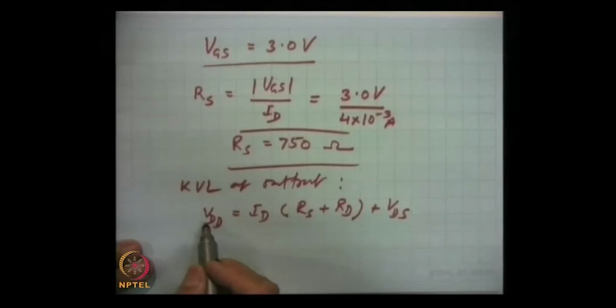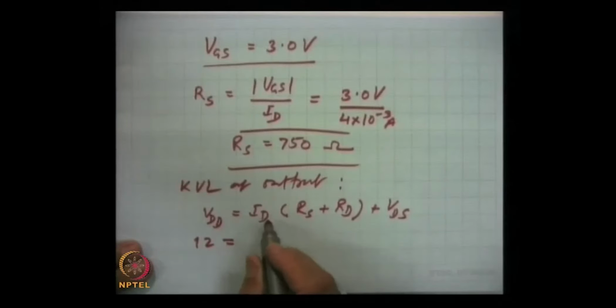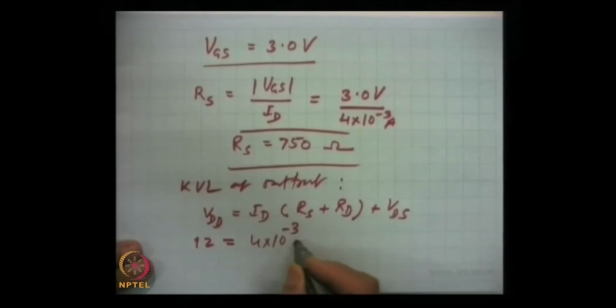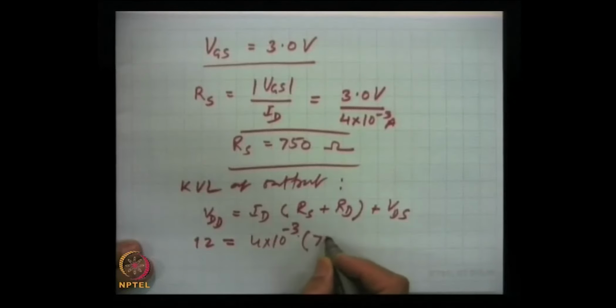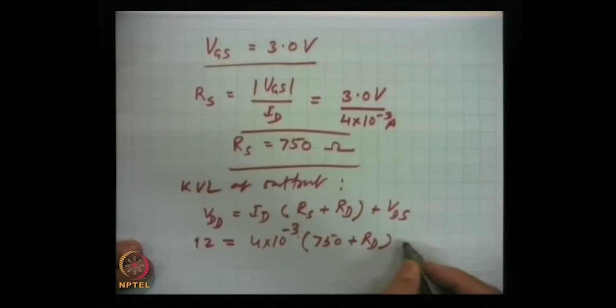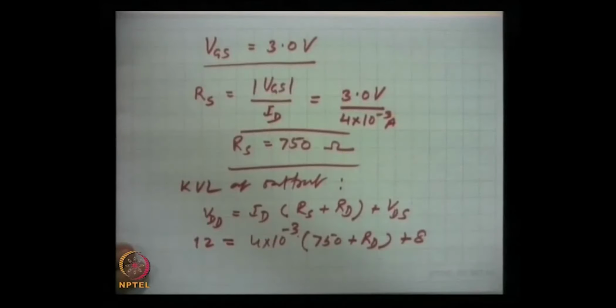This is given 12, ID is 4 milliamps, so 4 into 10 to the power minus 3 amperes into 750 ohms plus RD, plus this is 8 volts.